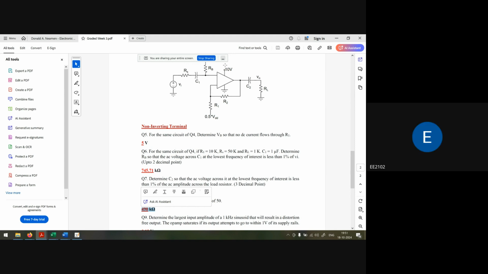Now, if the output is 9 volts, what can we do now? Anyone?